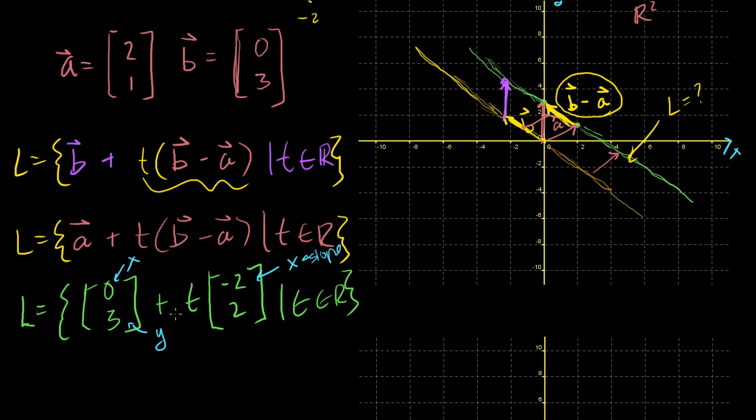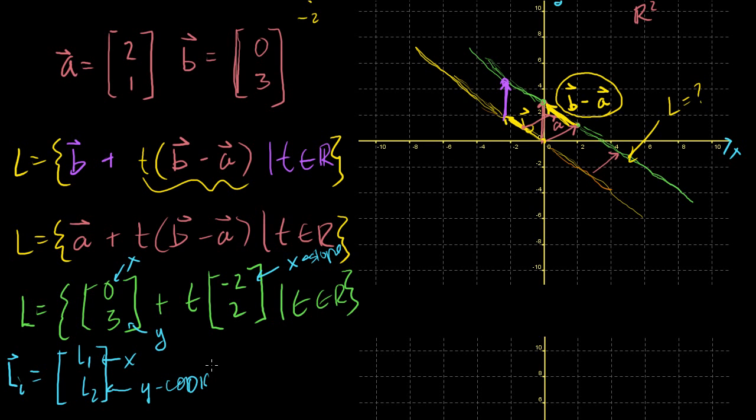This is always going to end up becoming some vector L1, L2. This is a set of vectors, and any member of the set is going to look something like this. So this is the x-coordinate, and this is the y-coordinate.